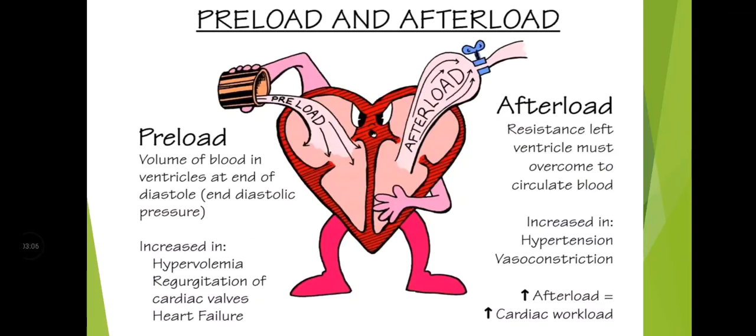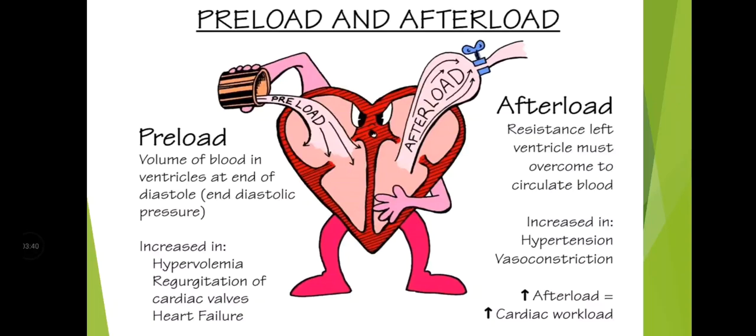In heart failure, because there's excess fluid, there tends to be increased blood volume, which goes to fill up the ventricles. The biggest reason is that the heart cannot forcefully pump enough blood out of the ventricles.